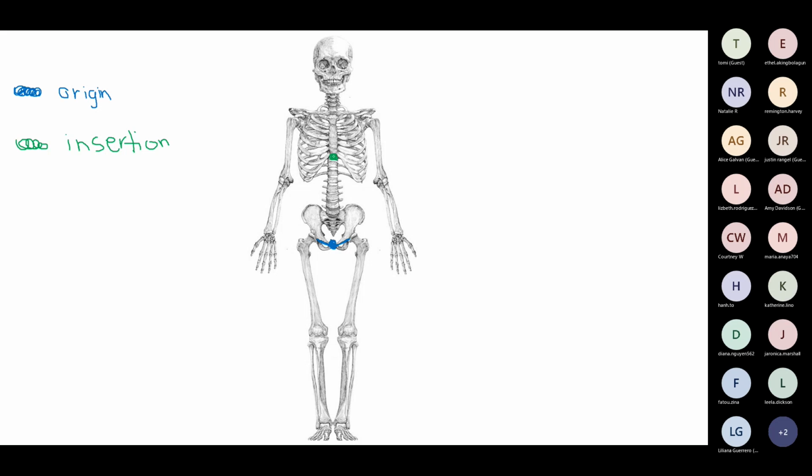Costal cartilage is the cartilage at the ends of the ribs. We're just going to guesstimate because it doesn't matter if we're exactly right. We're going to assume that something like this is close to 5 to 7. We might be wrong. It's okay. Big picture, we know what we're doing here. So I've drawn my origin. I've drawn my insertion. Now I get to do connect the dots to make the rectus abdominis muscle.